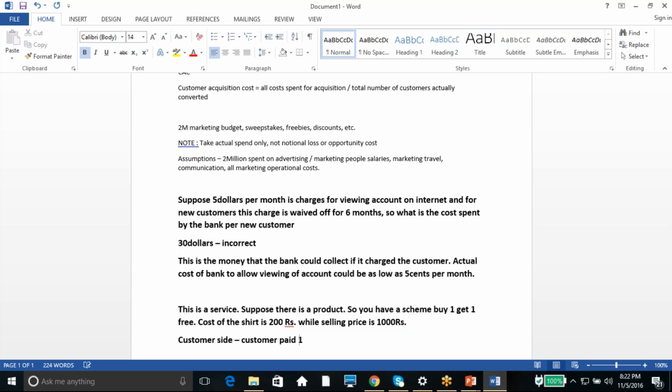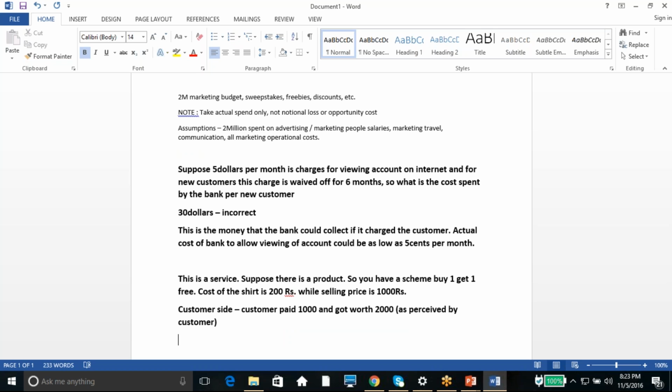The customer paid 1000 and got worth 2000 as perceived by the customer. The retailer, or shirt seller, got 1000 and gave material worth 400.